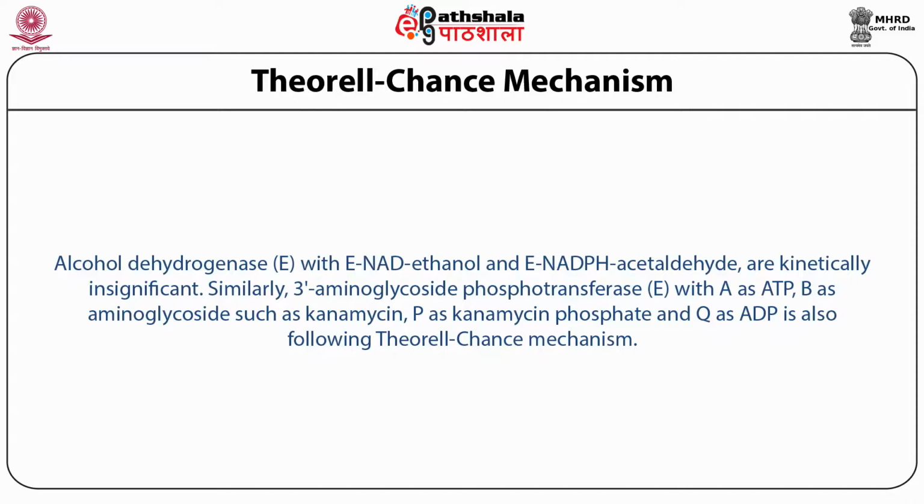So, the entry of aminoglycoside and exit of the aminoglycoside phosphate, the entry of kanamycin and release of kanamycin phosphate, is so fast that we don't have any ternary complex form. Therefore, this also belongs to the Theorell-Chance displacement mechanism.